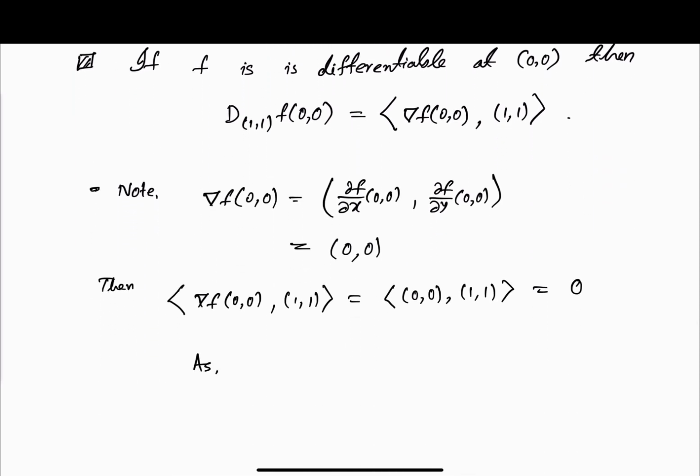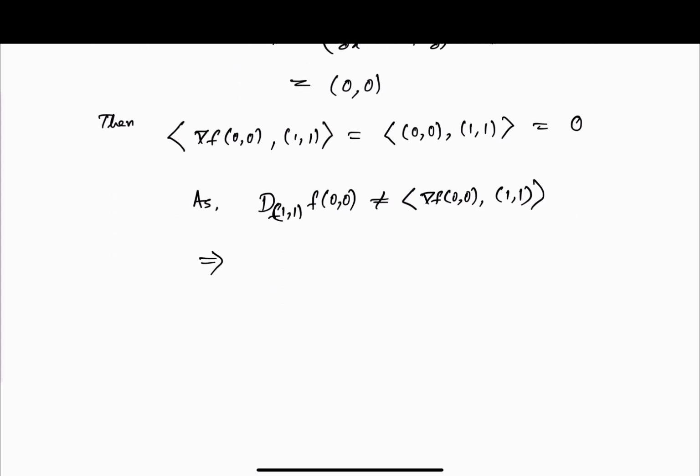As D of (1, 1) f at (0, 0) is not equal to the inner product of (0, 0) with (1, 1), this implies f is not differentiable at (0, 0), right?